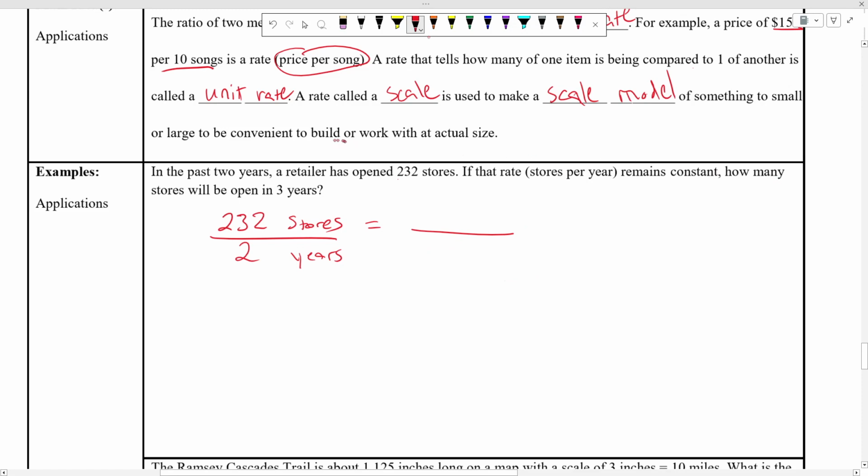How many stores will be open in 3 years? 3 years is what it says. So I can put right here, 3 years. And the question is, how many stores will be open? Well, I don't know. That's what I want to know. So I'll say x number of stores. So this closely models what we did not too long ago, except now we're dealing with units.